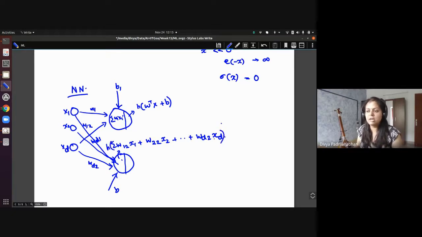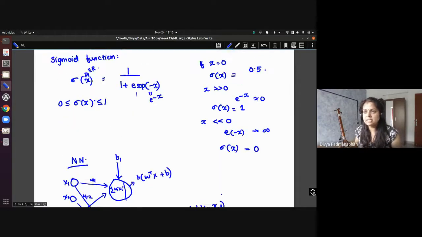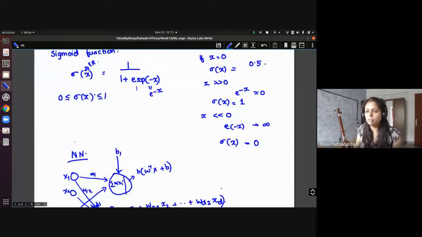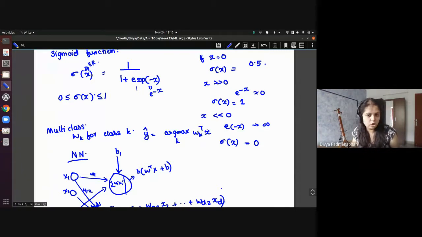So you can have different kinds of weight vectors. For example, if you wanted to learn a multi-class classifier, what we saw in perceptron was binary, but in general for multi-class, you could have a W for each class, so WK for class K. Then your model would be: your prediction Y is the argmax, whichever W gives the maximum value, that is what you consider as your class.